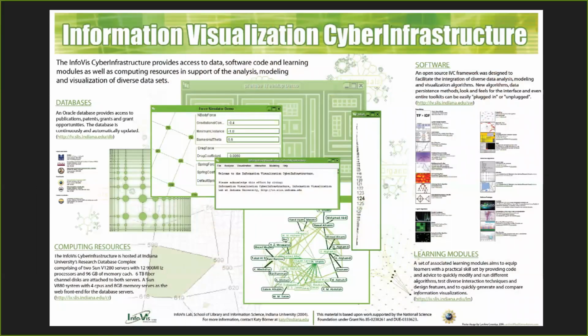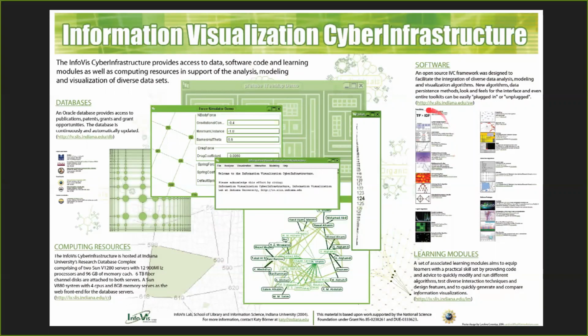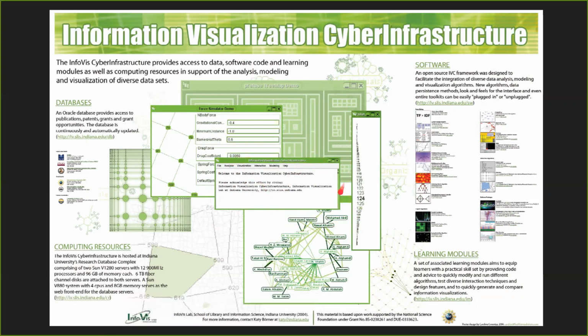My first project at the IB Lab was the information visualization cyber infrastructure, which is sort of the precursor to Sci2. When I first came in, this was before SciShell. Me and another guy really worked on this, and then it eventually became SciShell. We learned a lot of lessons from creating the InfoVis cyber infrastructure, which was Java, circa 2002 to 2006.